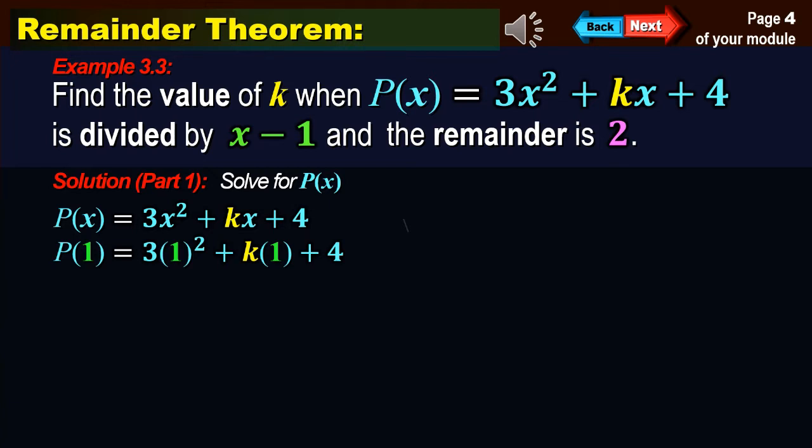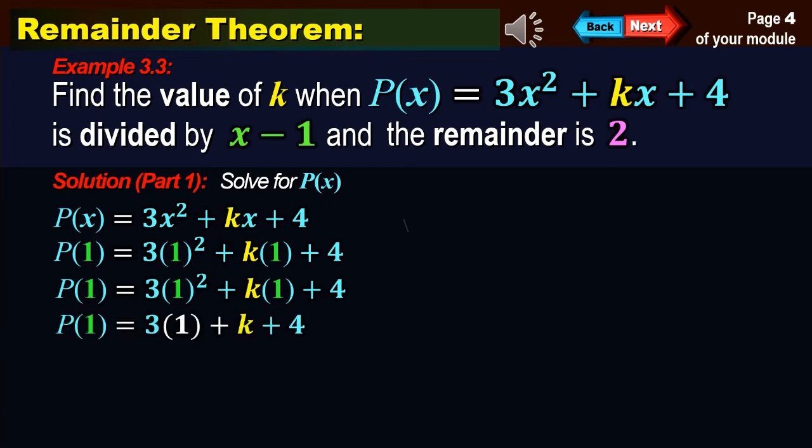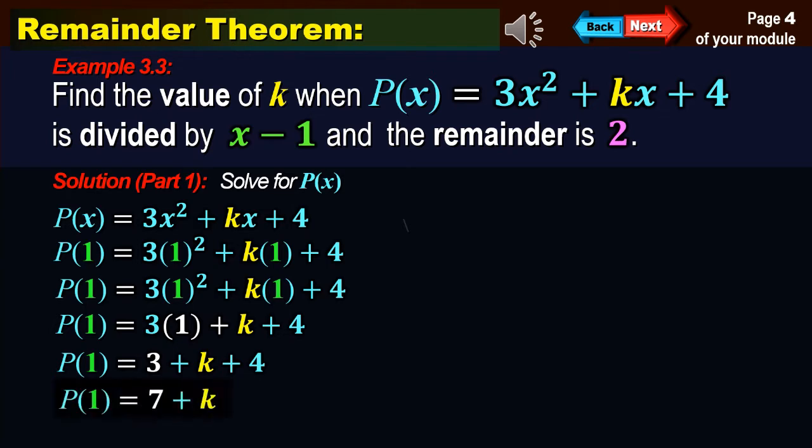So replace all x with 1. And then simplify. So 1 squared, it is 1. So 3 times 1 is equal to 3. 1 times k is equal to k. And then bring down 4. Then add 3 plus 4 is equal to 7. So our P of 1 is equal to 7 plus k.